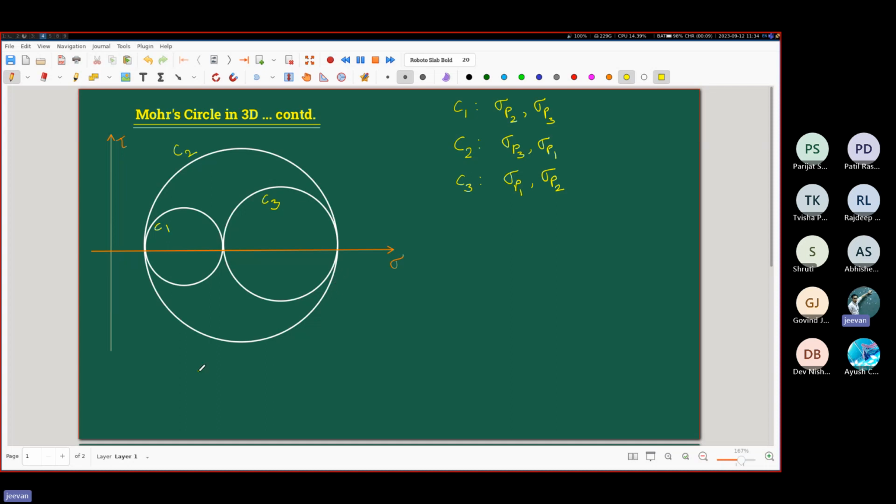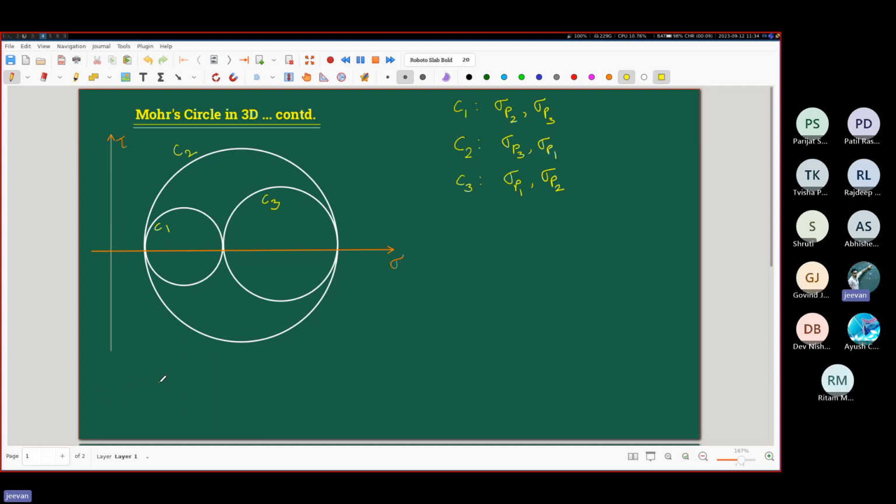We had also said that before plotting these, we had arranged our principal stresses without any loss of generality in this form, where sigma P1 is greater than sigma P2 greater than sigma P3.